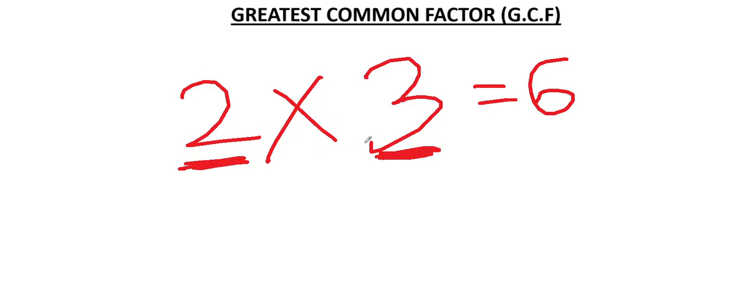So these are the factors of 6. And what is 6? 6 is called the product, or the answer. When we multiply two factors, the answer which we get is called the product. So this is all about factor.